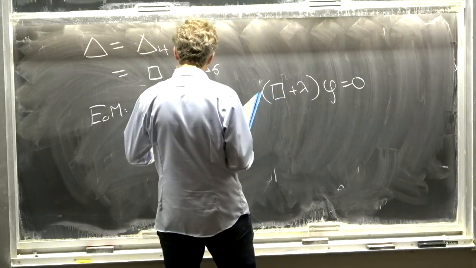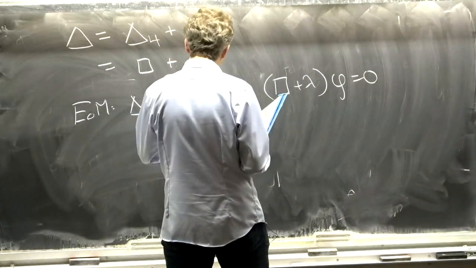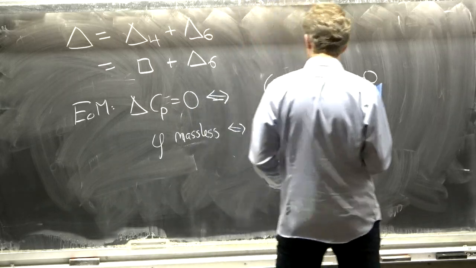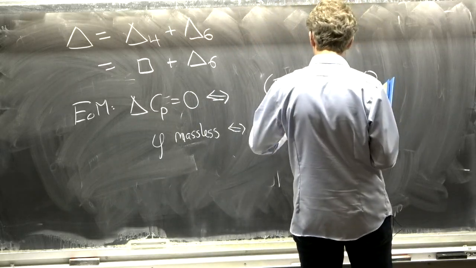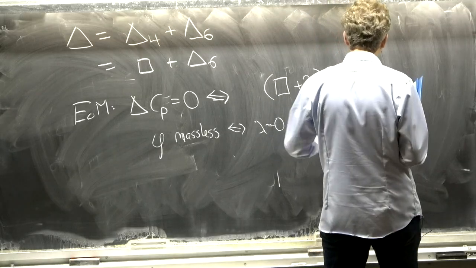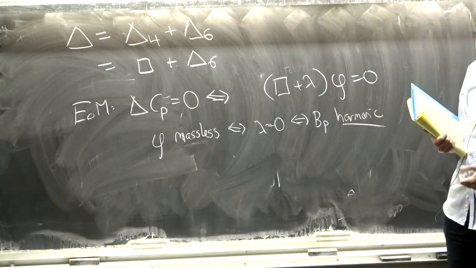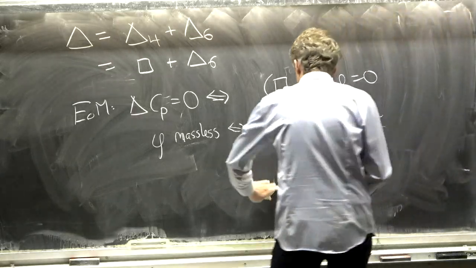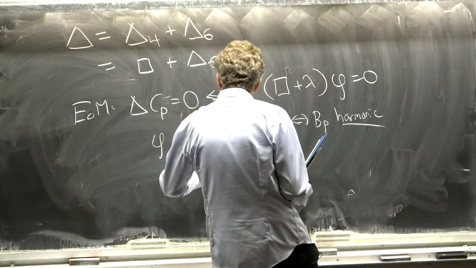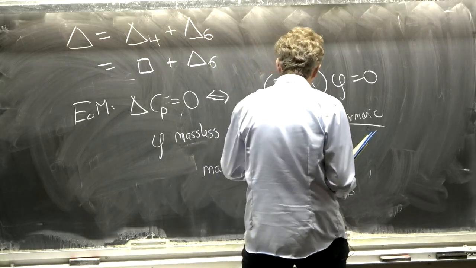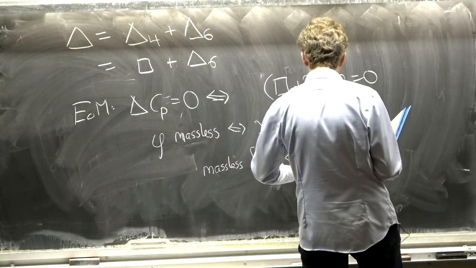And so phi is massless if and only if lambda equals 0, which is to say bp is so-called harmonic. I remind you that a harmonic form is one that's annihilated by the Laplacian, a 0 eigenvalue eigenfunction of the Laplacian. And so what we see is that massless fields result from harmonic forms on the internal space.